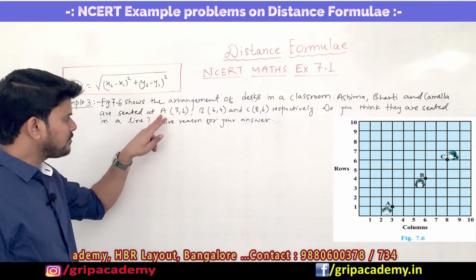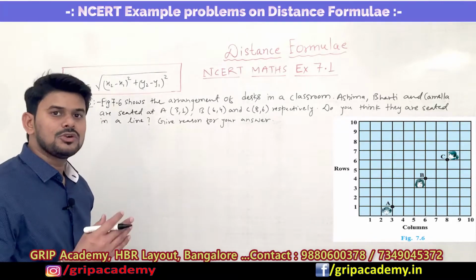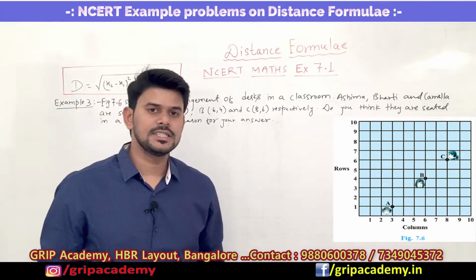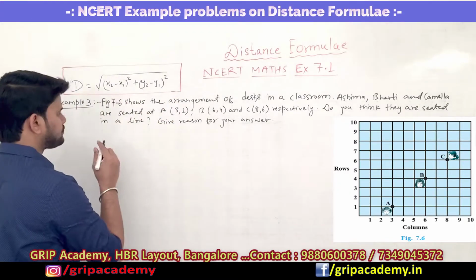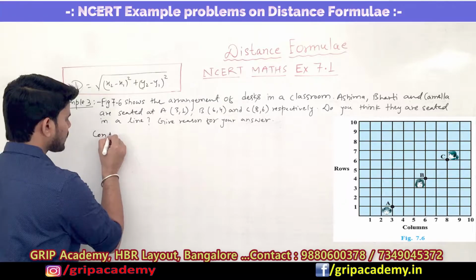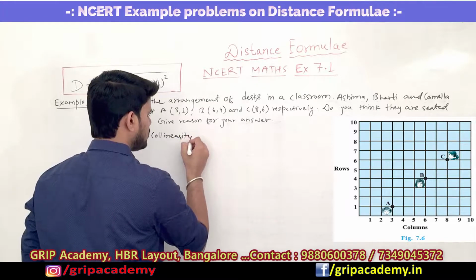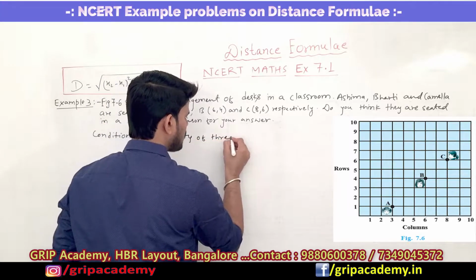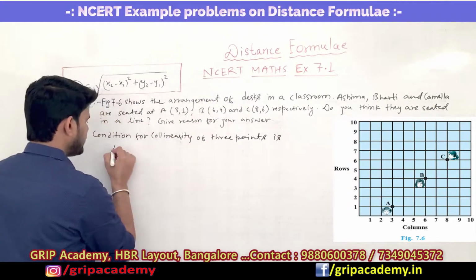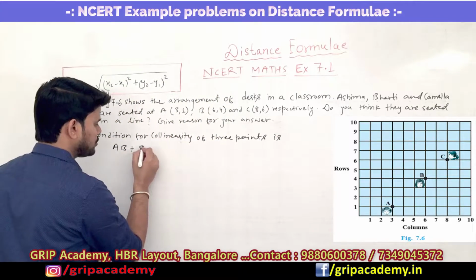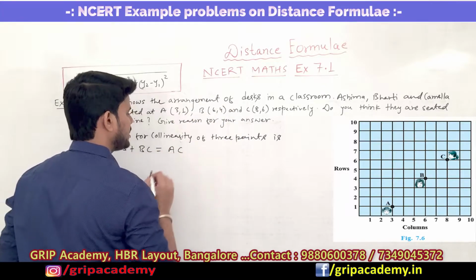So what we have to prove? We have to prove that A, B and C are collinear or non-collinear. So what is the condition for 3 points to be collinear? The condition for collinearity of 3 points is AB plus BC should be equal to AC.